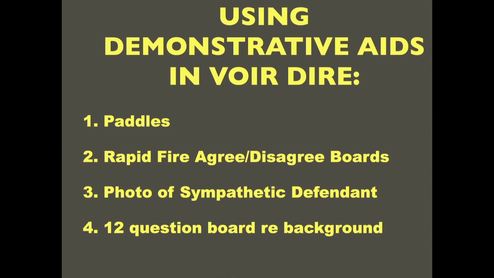There's a reason when you go onto military bases, certain things that are super important are usually red with bright yellow lettering, and that means do not go by this sign and not pay attention to it, whereas other signs, you may not. The 12-question board has all of the questions.